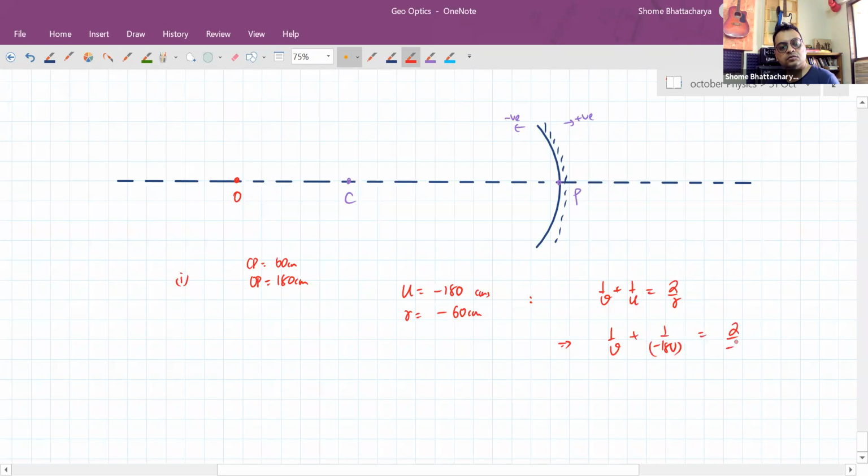So you get 1/V as -1/30 plus 1/180. So it will give us a negative quantity, as you can see. It gives us -5/180.